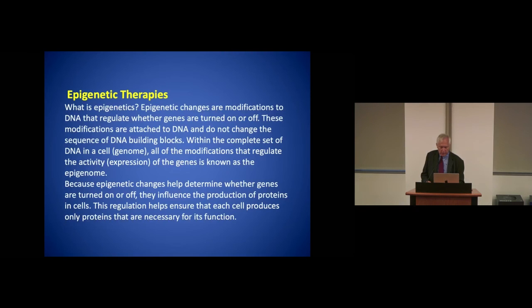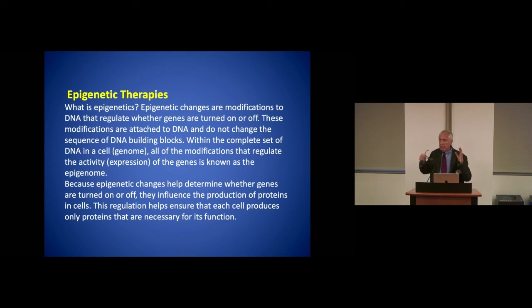We've already selected them. Now, there's one other class of drugs that I'd like to talk to you about, and those are epigenetic therapies. Epigenetic changes, you probably have never realized, are modifications to DNA that regulate whether genes are turned on or off.